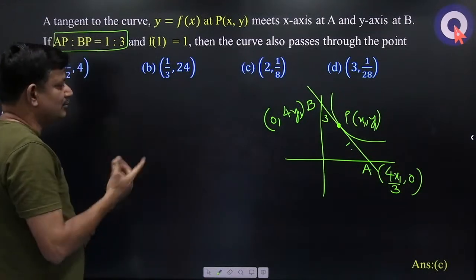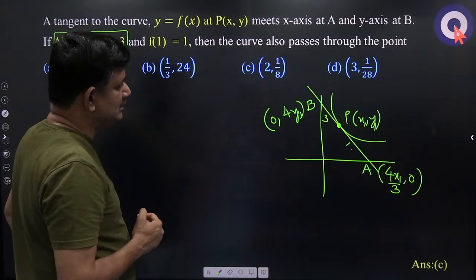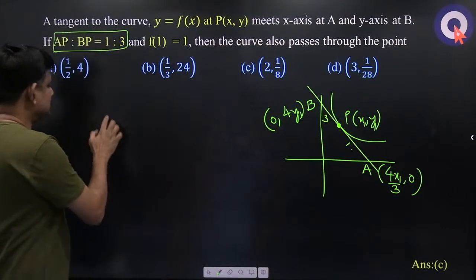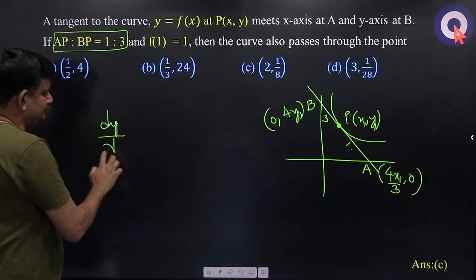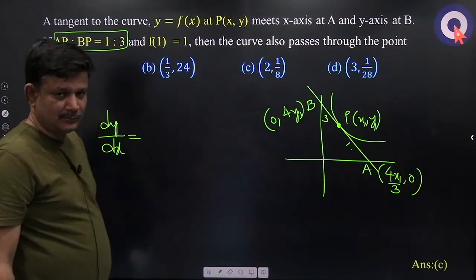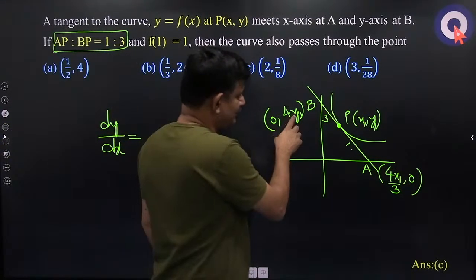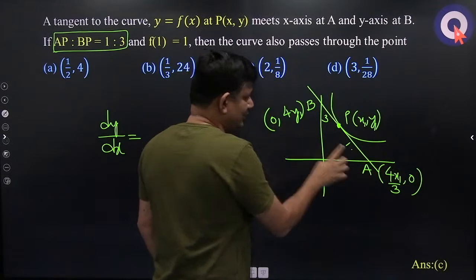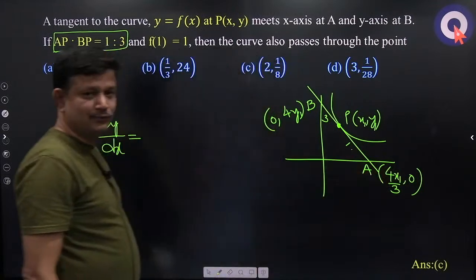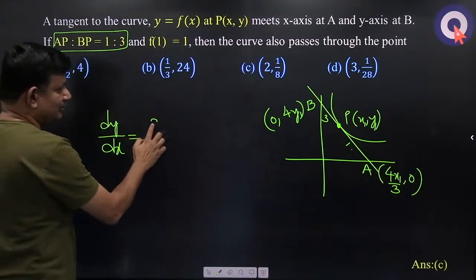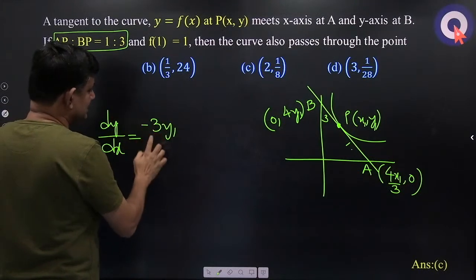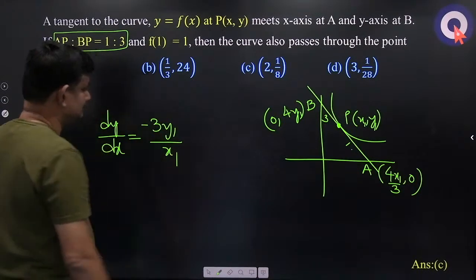Okay. Now what will be the equation of the tangent, or slope of the tangent here? Slope of the tangent dy by dx will be y1 minus y2 by x1 minus x2. If 4 gets cancelled, it will be minus 3y1 divided by x1.